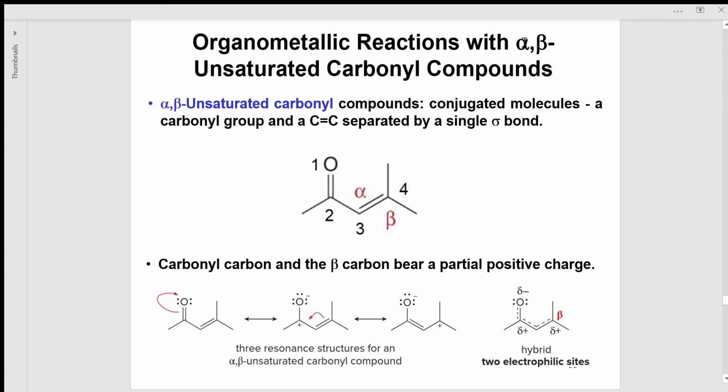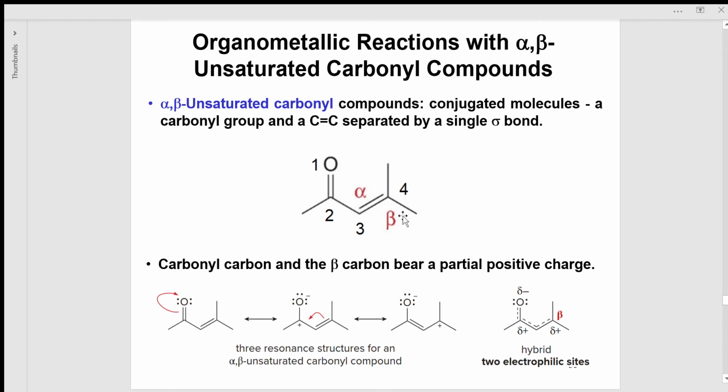We have the name. From the name, we can say it is special. It's called alpha beta unsaturated. Unsaturated means we have a carbon-carbon double bond. Why do we call this alpha beta? It's because this is the alpha position relative to the carbonyl group. This is the carbonyl group. The first carbon attached to the carbonyl group is called the alpha carbon. This is also an alpha carbon.